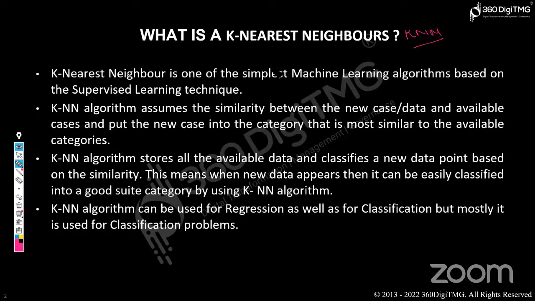KNN assumes a similarity between the new case data and the available cases, and puts the new case into the category that is most similar to the available cases. The KNN algorithm also stores all the available data and classifies a new data point based on similarity. This means that when new data appears, it can be easily classified into a suitable category by using the KNN algorithm.